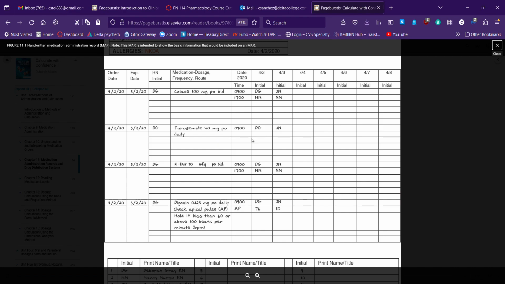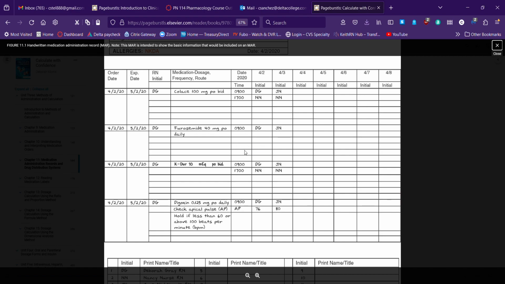The other thing, anytime you're giving this potassium or this Lasix, what I want you to get into the habit of, even though it doesn't have a slide on here, as a nurse, for myself, I'm going to write in here, potassium 3.2, dig, apical 76. I want the people who are following me to know that, hey, I did check, and this is what it was.